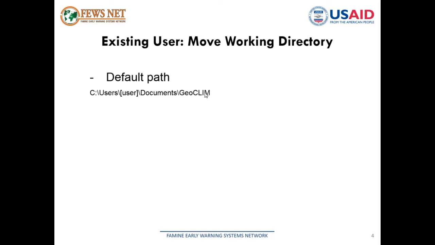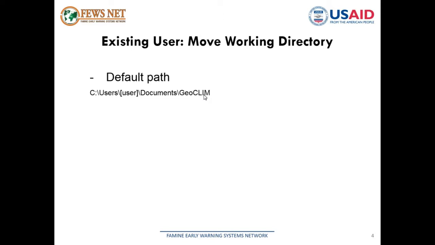Sometimes the C drive runs out of memory when we start working with the GeoCLIM because it produces a lot of files and it fills out the memory really fast. Also, once we install a new version of the GeoCLIM, it replaces this directory, and so all the files that we have in there will be wiped out.